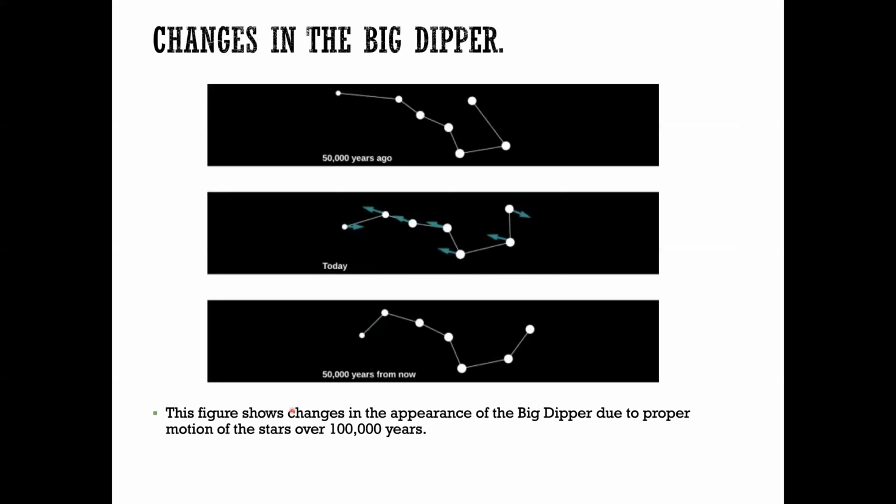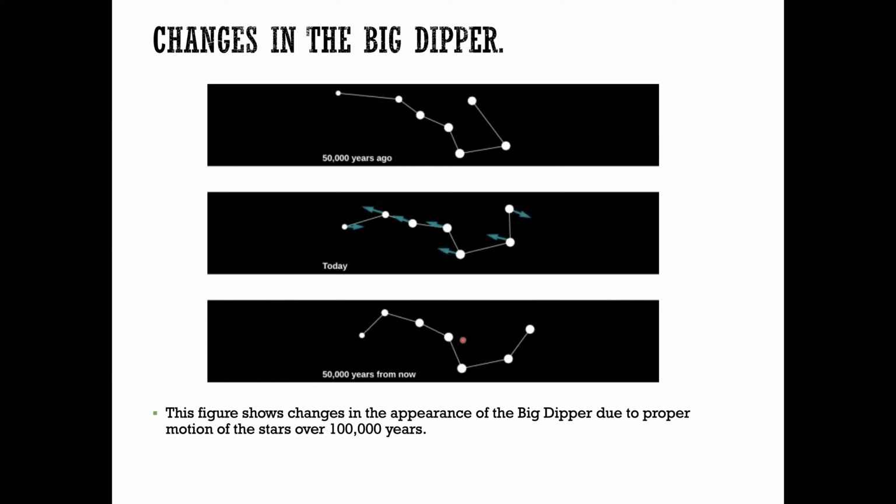Right, now this is one of the constellations that we have up in the sky. This is how this particular constellation looked 50,000 years ago. And today, this is how it looks, right? You can see that these arrows show in which direction these stars have moved. And after 50,000 years from now, this is the shape of the constellation, right?